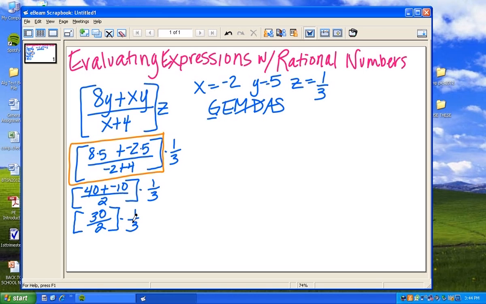So 30 divided by 2 is really 15 times that 1/3. And now that I'm finished with it, and I've solved this piece down to a 15, I can take it out of the parenthesis. And so I end up with 15 over 1 times that 1/3.